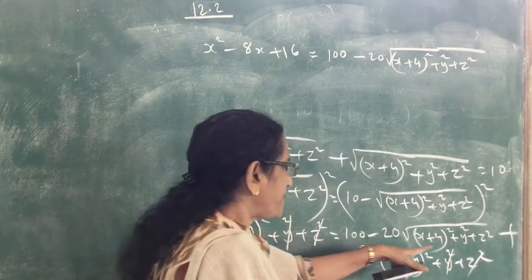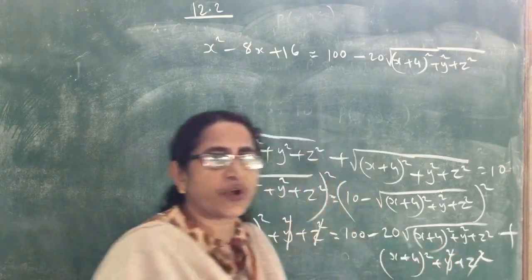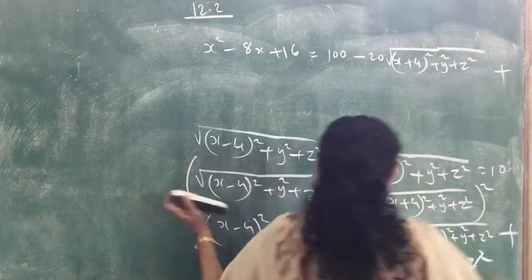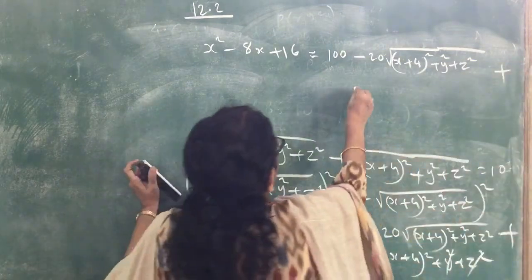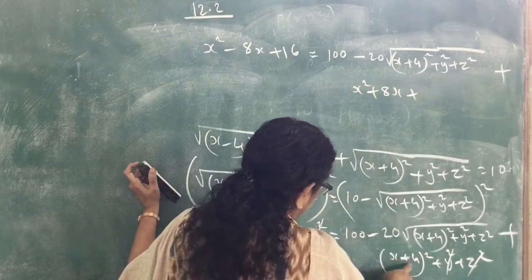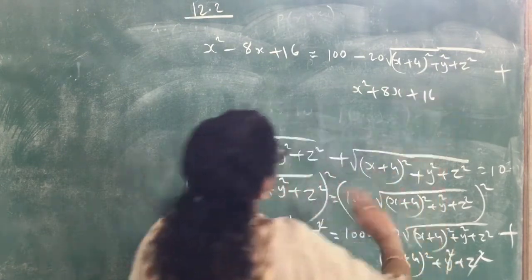Then one more term, plus (x plus 4) whole square, which we can expand. That is x square plus 8x plus 16. So that is what we got.